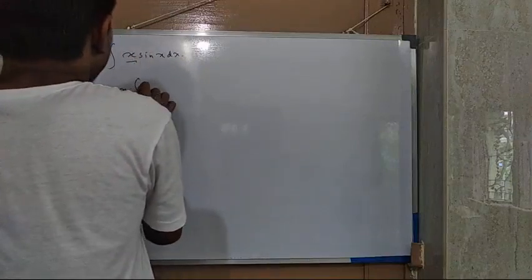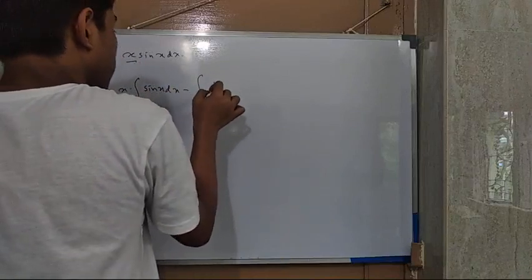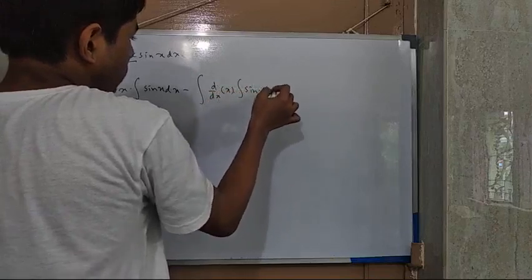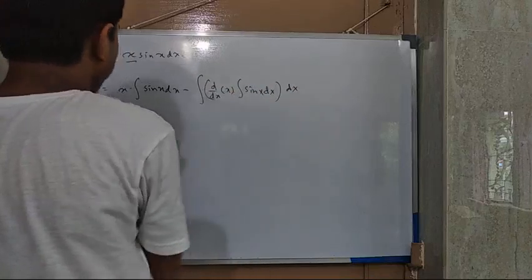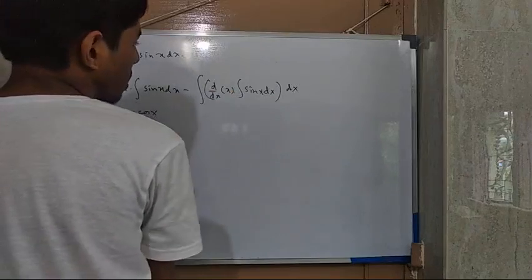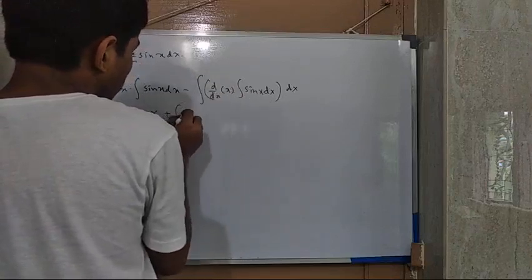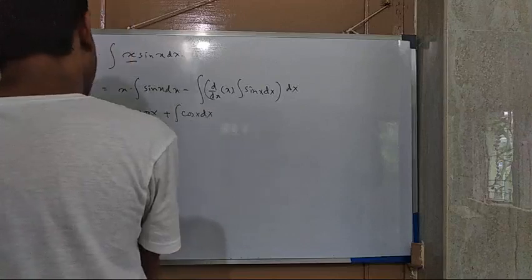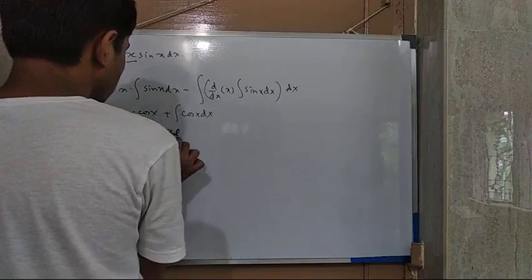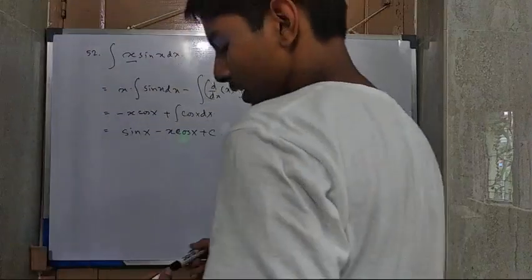So x times the integral of sin x dx minus the integral of d by dx of x times the integral of sin x dx, which is minus x cos x plus the integral of cos x dx, which is sin x minus x cos x plus c. So this is the answer for the 52nd question.